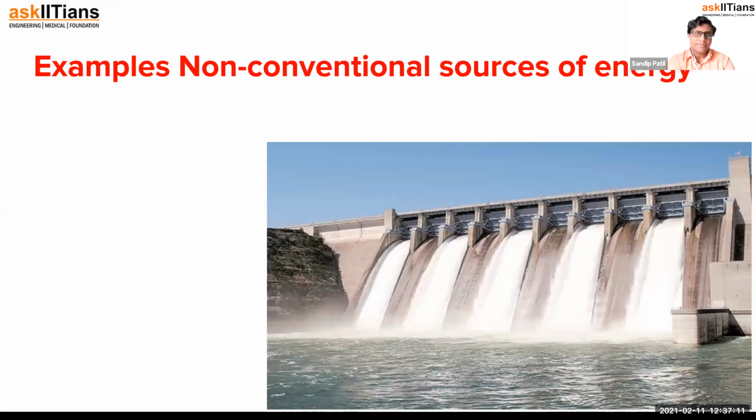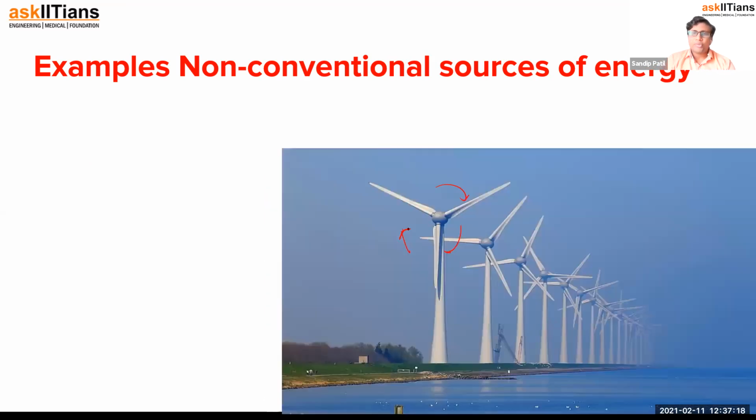Then let's say water. Water is also giving us some energy. When we want to create electricity, we have to rotate this turbine. Either wind can directly rotate this turbine, and this turbine is connected to, let's say, an AC generator somewhere.